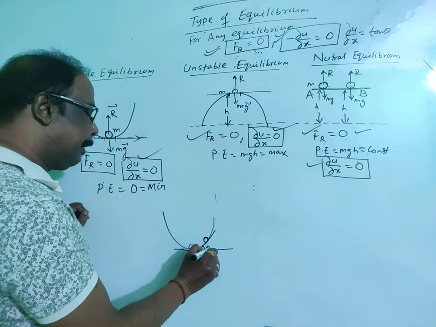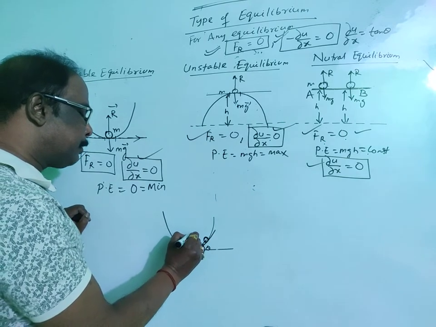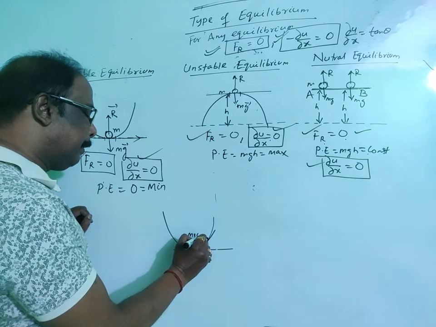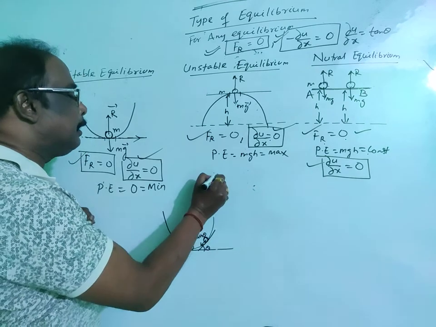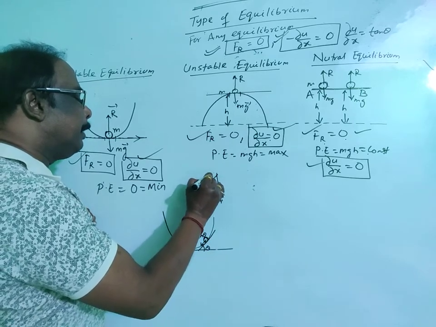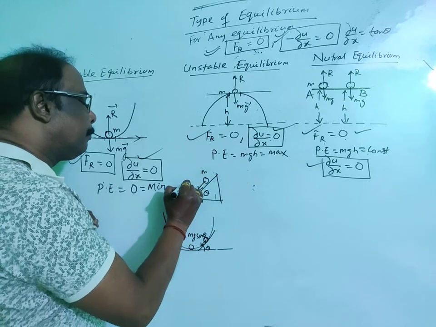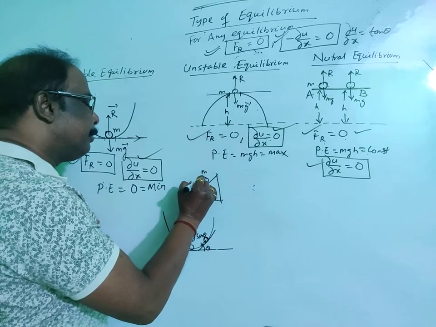This angle is theta. Then obviously on this body a downward force, means component of gravitational force, will be mg sin theta, as you know. For an inclined plane, if this angle of inclination is theta and body of mass m, then downward force is mg sin theta.